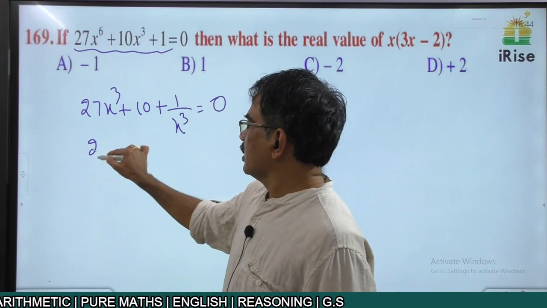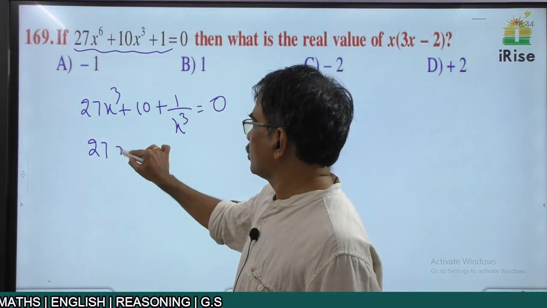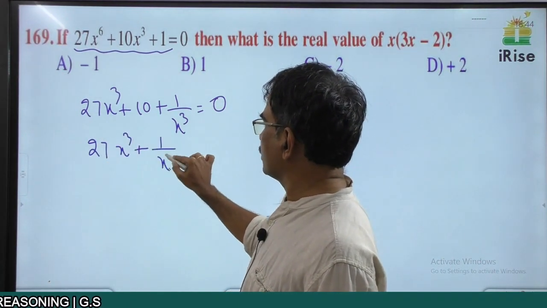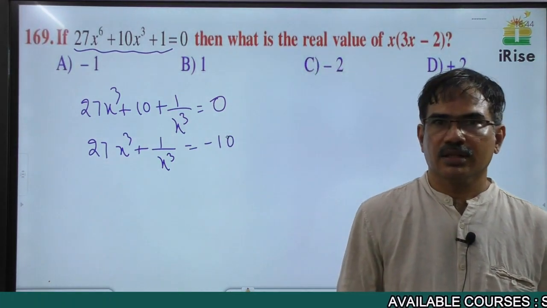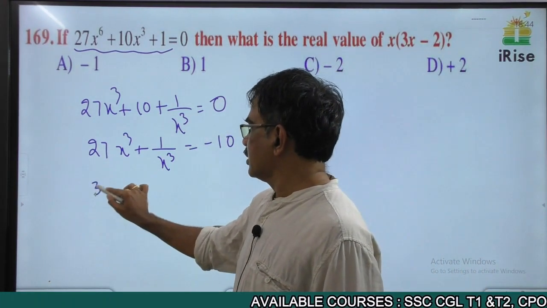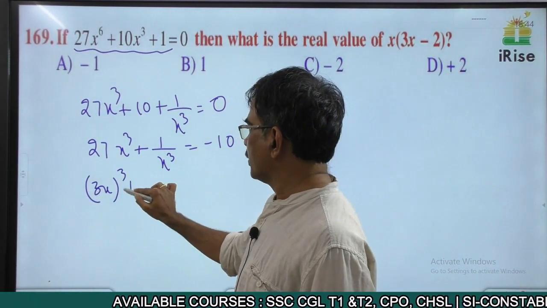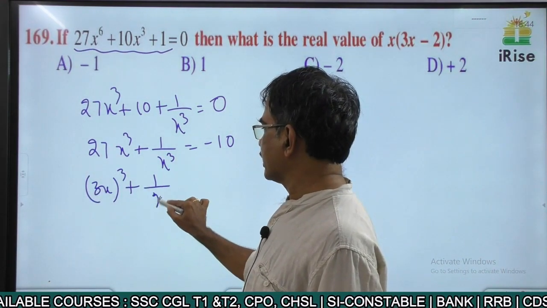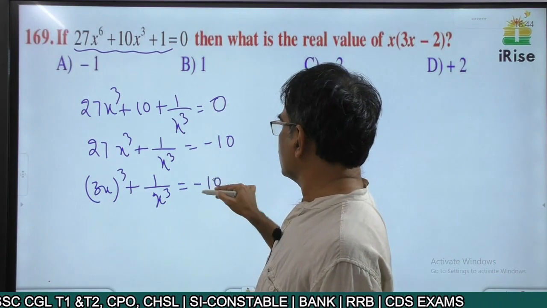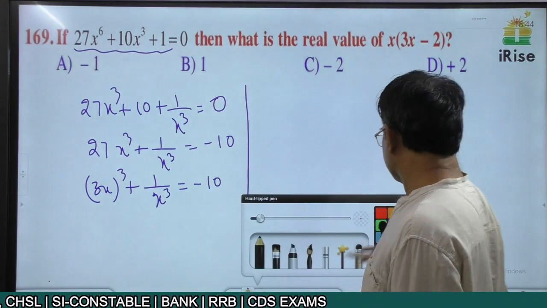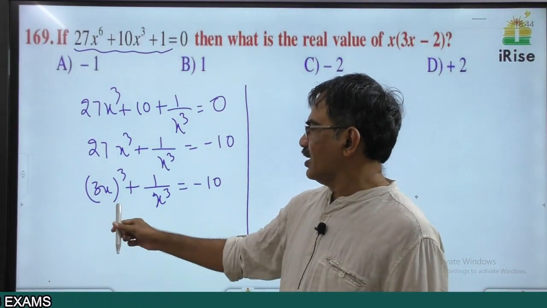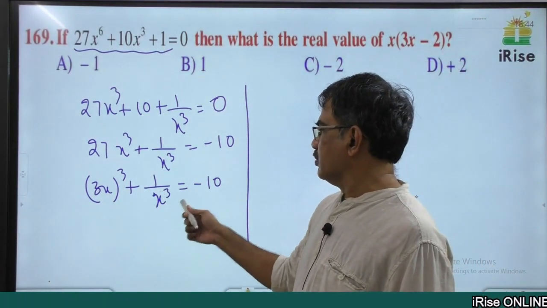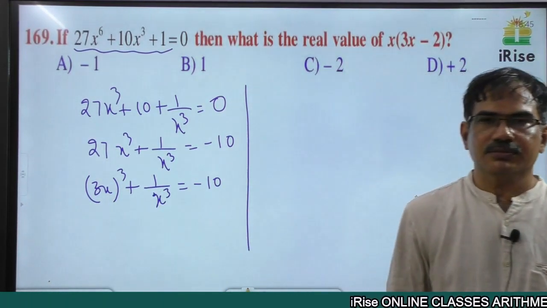So this can be written as 27x cube plus 1 by x cube is equal to minus 10. Then this can be written as 3x whole cube plus 1 by x cube is equal to minus 10.